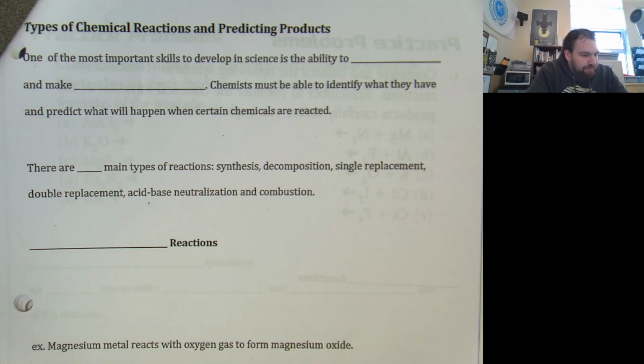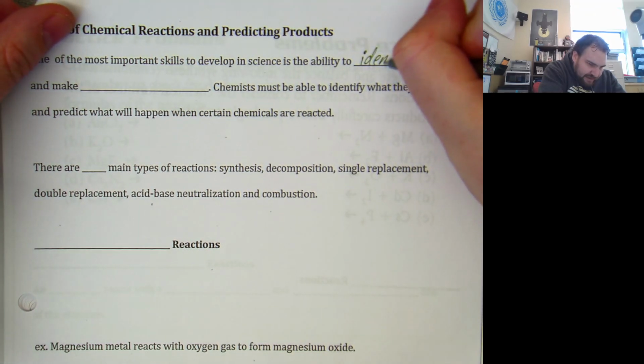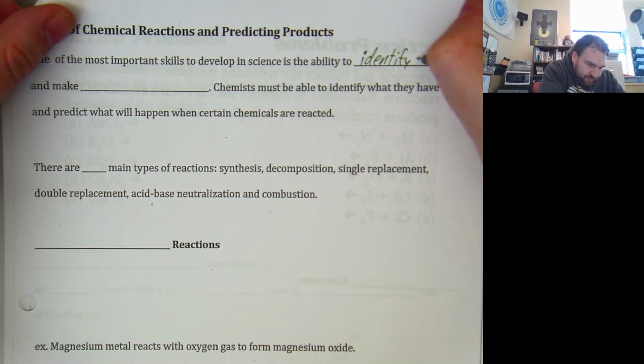Okay, here we go. Yesterday, I introduced to you, without really formalizing it, what we're going to do today for a bunch of different chemical reactions. One of the most important skills to develop in science and really in life is the ability to identify important information.